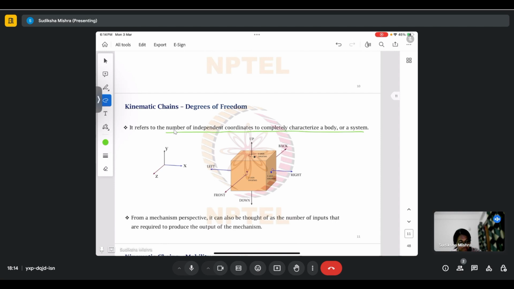If something is moving in one plane, anything that moves can have two types of degrees of freedom: rotational and planar. Rotational degrees of freedom is along an axis, whereas planar is along a plane.